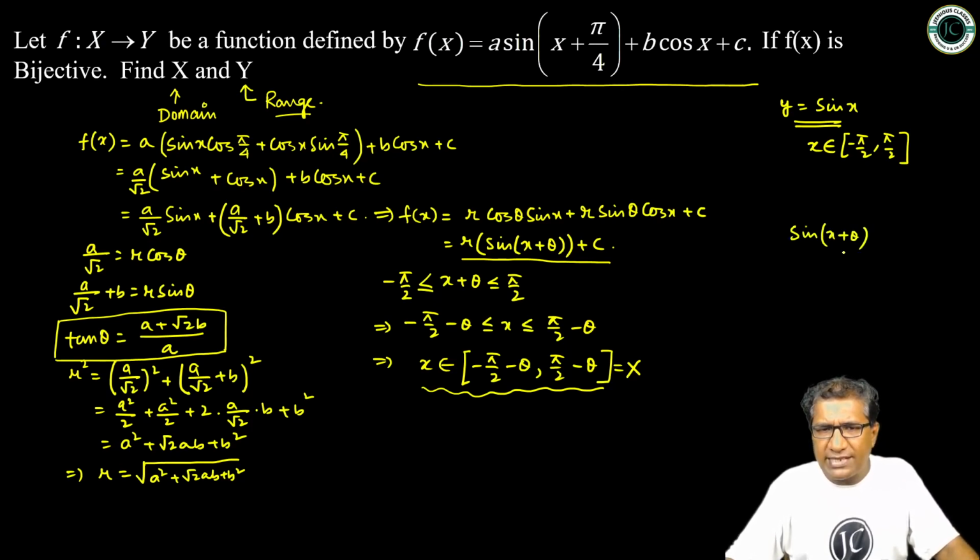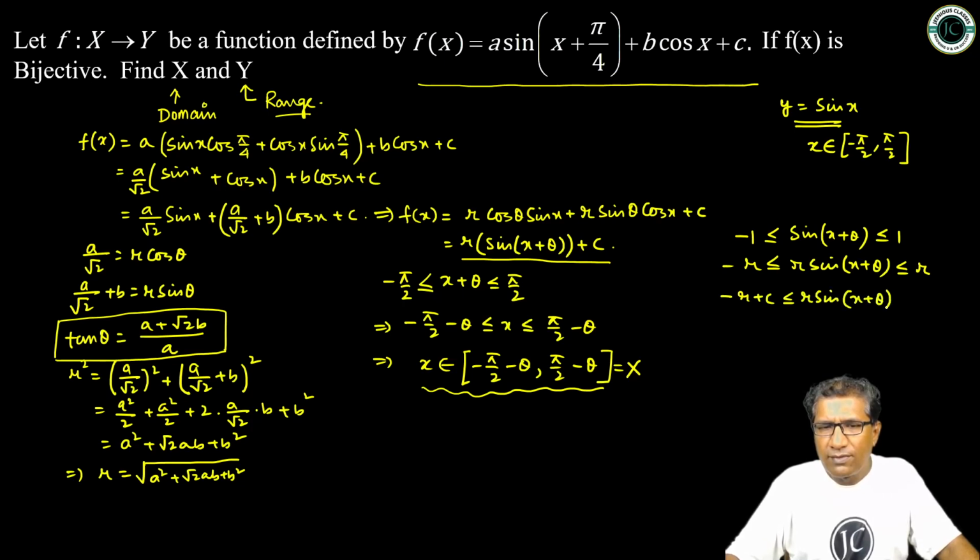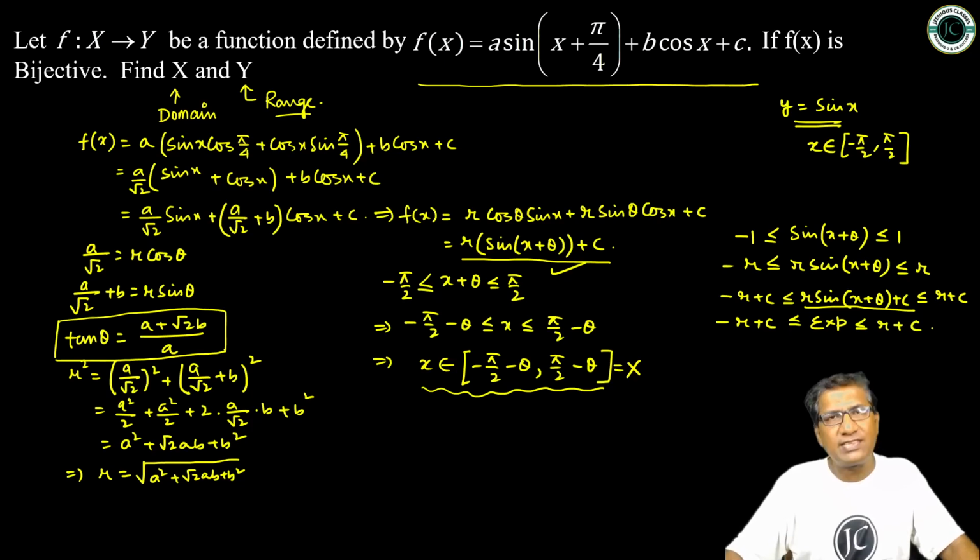sin(x plus theta) always lies between minus 1 and 1. Therefore, r sin(x plus theta) will lie between minus r and r. And if we add plus c on both sides, we are getting minus r plus c less than or equal to the expression, less than or equal to r plus c. And this is nothing but our expression. So our expression is lying between minus r plus c and r plus c.